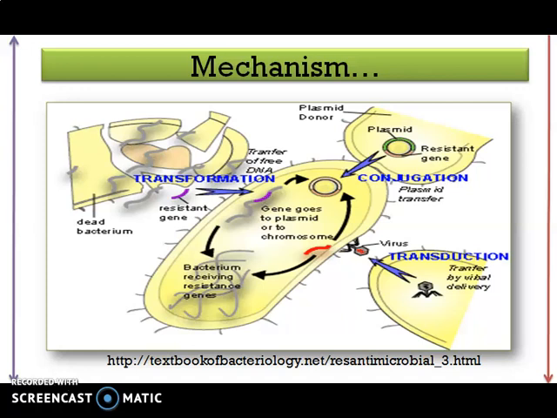In case of transduction, a virus or viral vector is utilized for the transduction process. In case of transformation, the bacteria is dead, the R gene is released, transferred into another bacteria, and it goes with the help of the next cycle or multiplication, and that can cause resistance to the antibiotic.